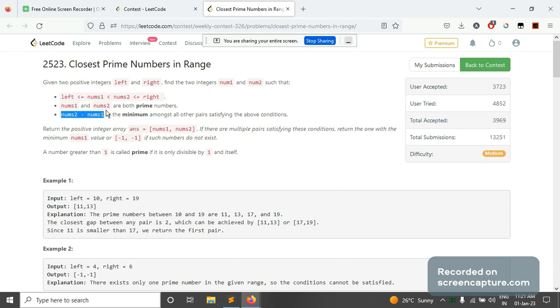If such two numbers exist, we have to return those values as a pair. If multiple answers exist, we have to return the one with the minimum nums1. If an answer does not exist, we have to return -1, -1.